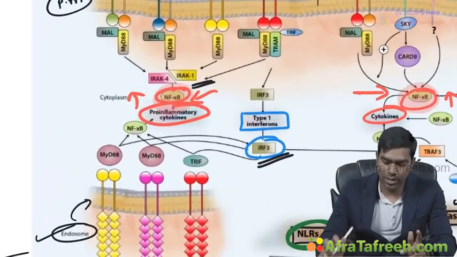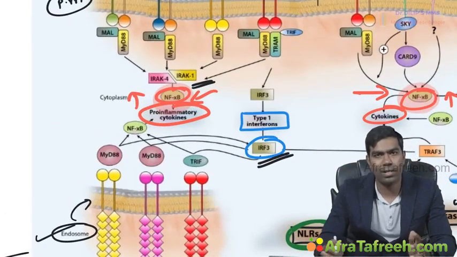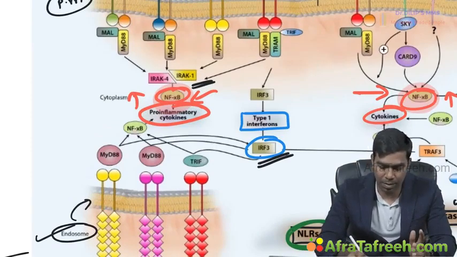So you can see this itself looks very complex, but I'll simplify it by breaking it into a small table. Let us see in detail about the adapter proteins. I'm not going to discuss all the adapter proteins. One of the important adapter proteins is MyD88.